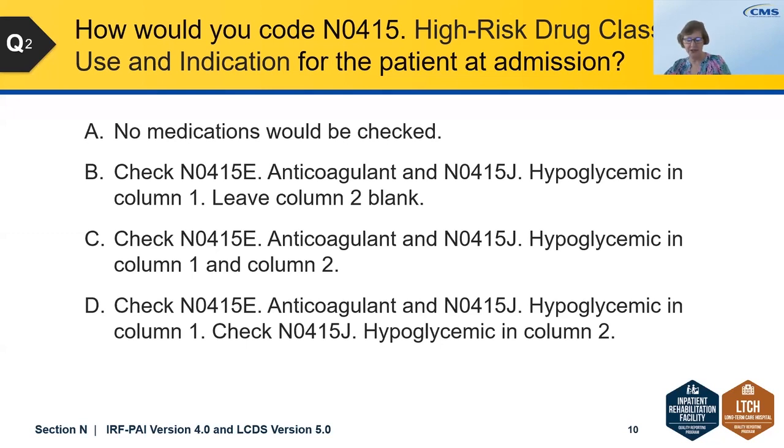Or C, check N0415E, anticoagulant, and N0415J, hypoglycemic in column 1 and column 2. Or D, check N0415E, anticoagulant, and N0415J, hypoglycemic in column 1 and check N0415J hypoglycemic in column 2.